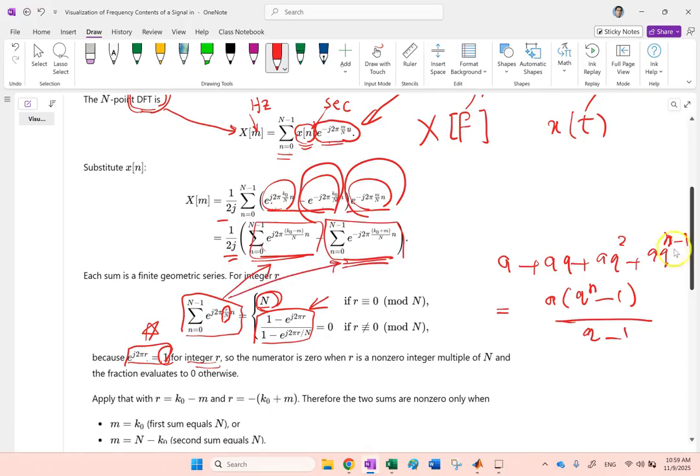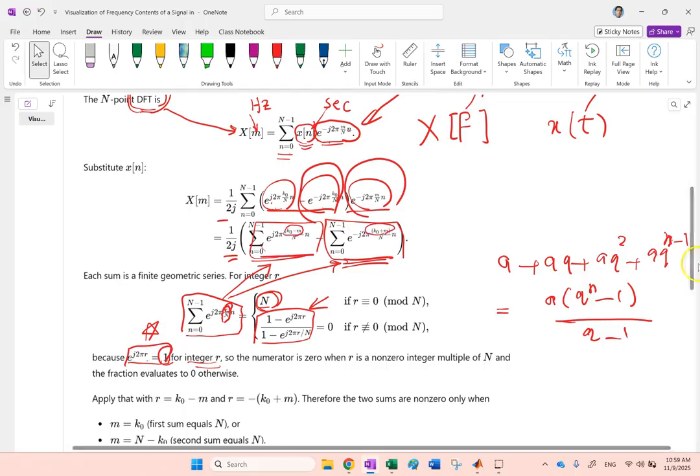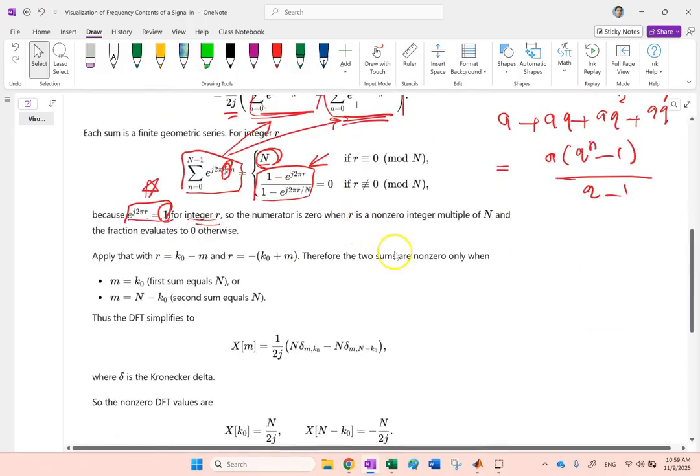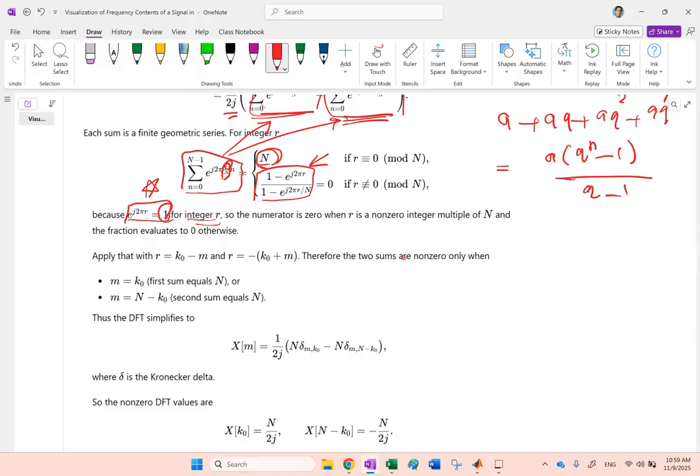So if you plug them in and simplify, you can see that the similarity between them is that this r term is to be replaced by k naught minus m or k naught plus m. And you can exactly apply this result to those top ones. So if you do that and simplify with a little bit of complex calculation, this is your final simplified signal.